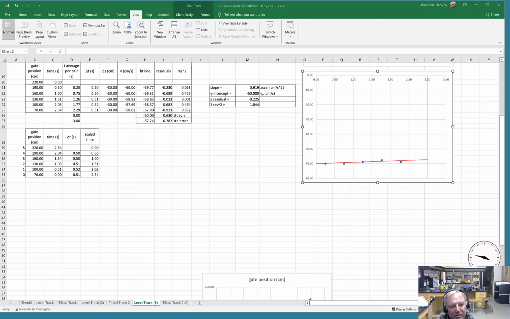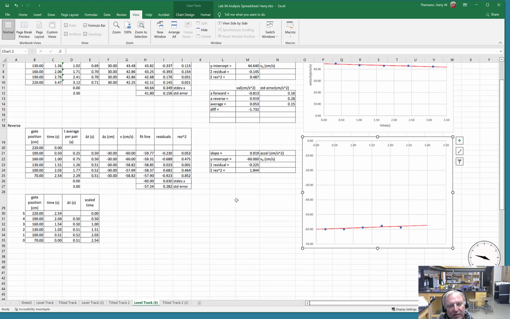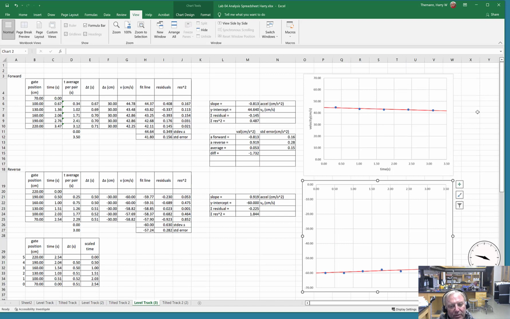But the point is that we send it off in the negative direction from gate 5. We're not surprised that we end up with a negative velocity. Now, in this case, we really didn't know, as I contradict myself now, we didn't know ahead of time whether or not we would see positive or negative.